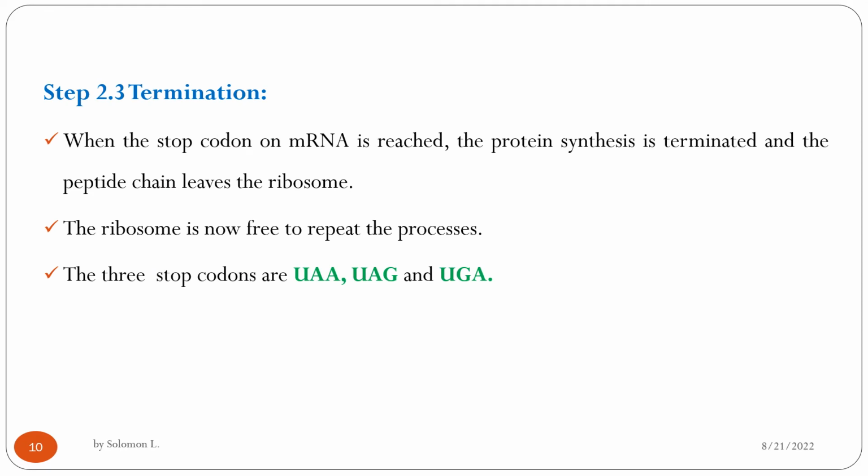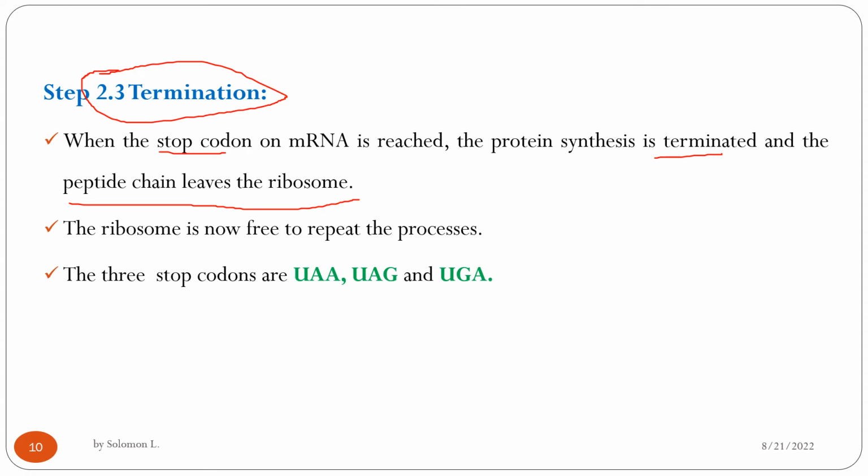The third step of translation is termination. When a stop codon on messenger RNA is reached, protein synthesis is terminated and the peptide chain leaves the ribosome. The ribosome is now free to repeat the process.